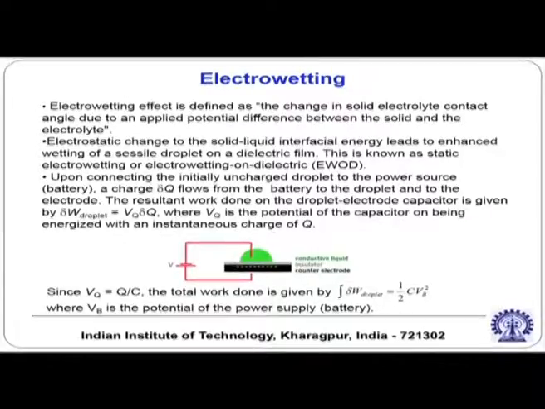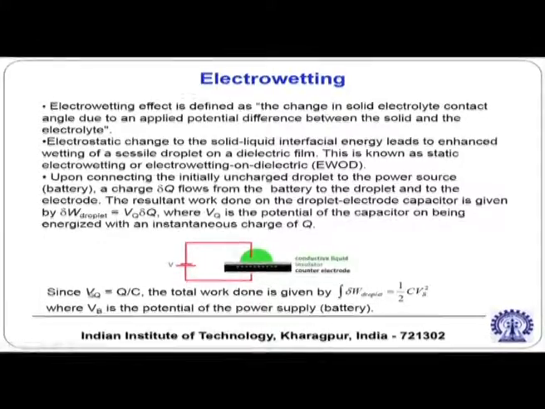The resultant work done on the droplet-electrode capacitor is given by what? If there is an instantaneous charge Q, then the resultant work done is V, the potential established at that instant when the charge is Q, times delta Q.